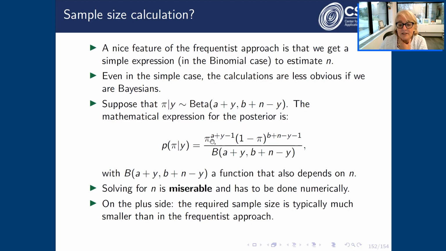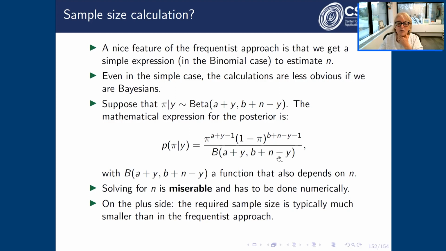You get pi to the a plus y minus 1. You get 1 minus pi to the b plus n minus y minus 1. This is in the numerator. And then in the denominator, you get this thing called a beta function, which has factorials, and it's kind of an icky function. And the problem is that this silly function depends on n.